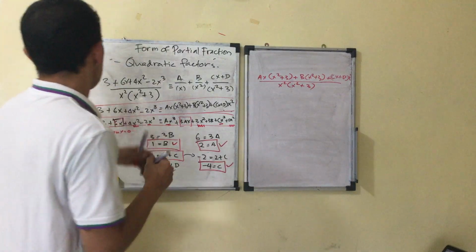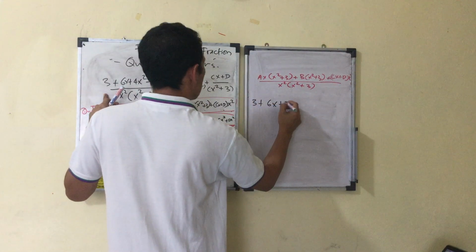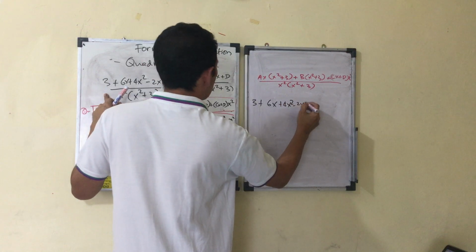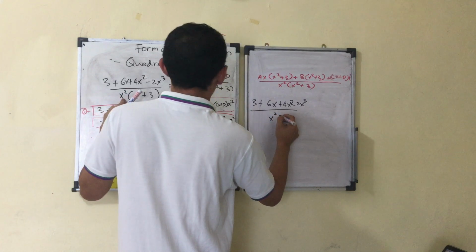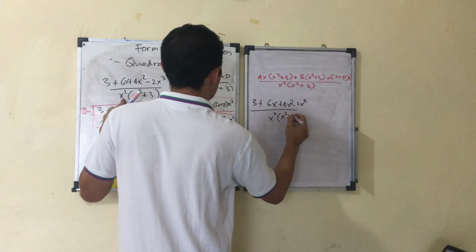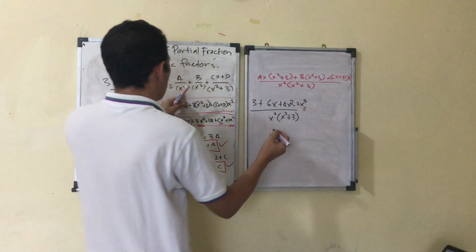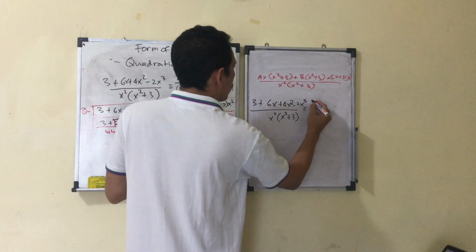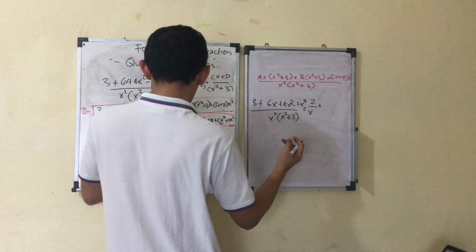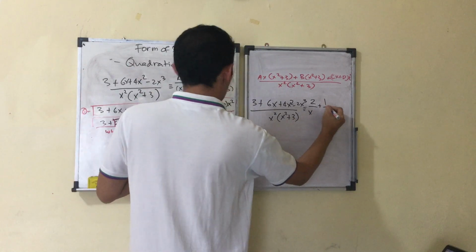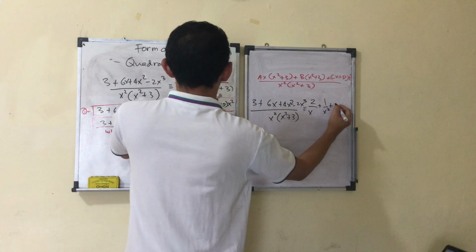So let's put it back inside this equation. 3 plus 6x plus 4x squared minus 2x cubed divided by x squared plus 3 is equivalent to, what is A? A is 2. 2 over x plus what is B? B is 1 over x squared plus what is C?